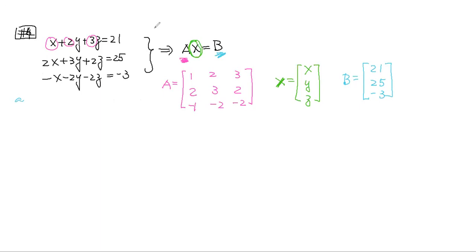So this is part A: identify that AX equals B. What is matrix A, what is matrix B, and what is matrix X here? Now in order to solve this system of equations, we can use the inverse matrix.